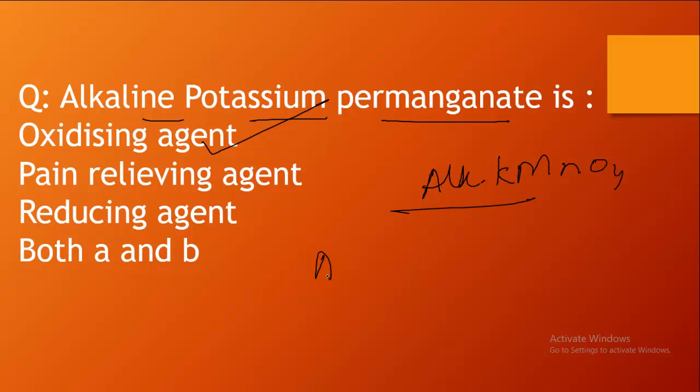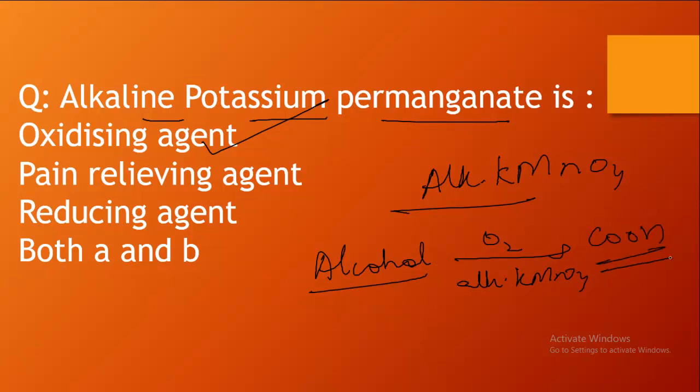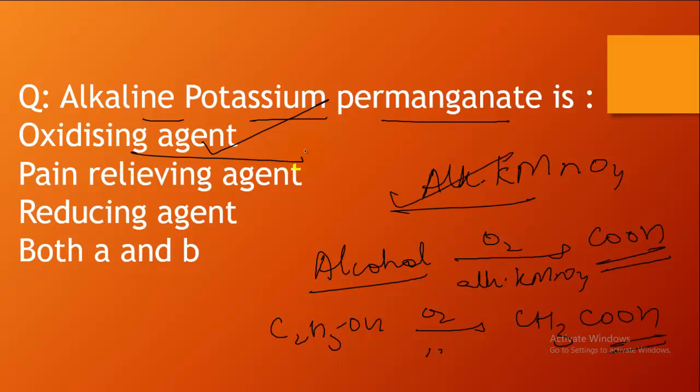For example, if you have any alcohol and you are getting complete oxidation, and you are using alkaline KMnO4, it oxidizes the alcohol and it forms the respective carboxylic acid. Let's say if we have ethanol, it gets oxidized in presence of alkaline KMnO4 and leads to the formation of ethanoic acid. So it acts as a powerful oxidizing agent.